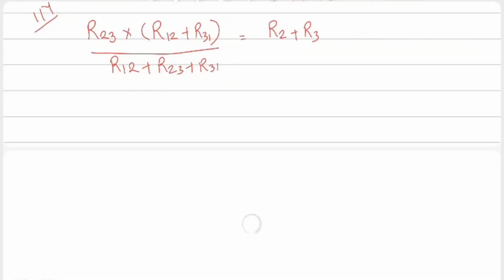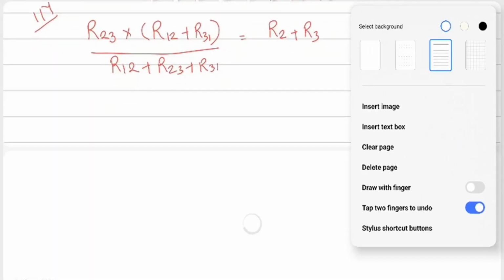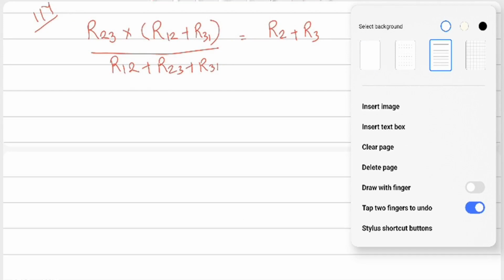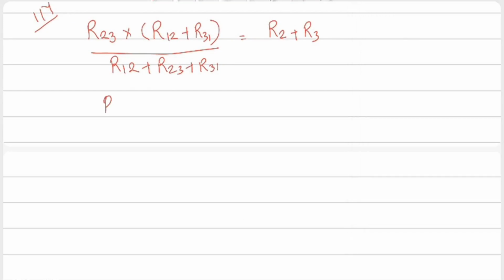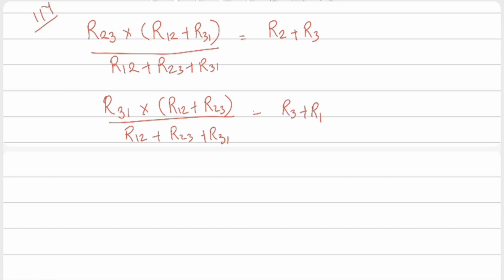Similarly, R31 into (R12 plus R23), the whole divided by R12 plus R23 plus R31, equals R3 plus R1.